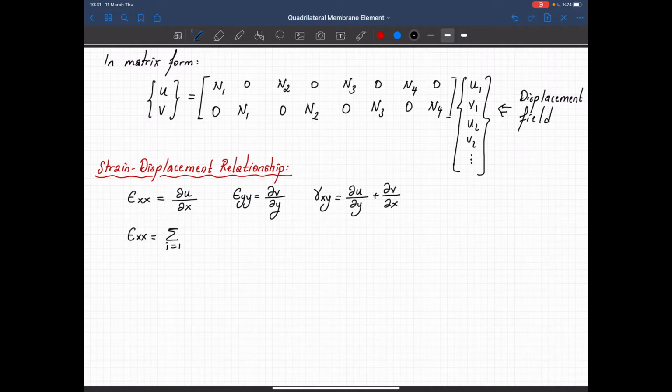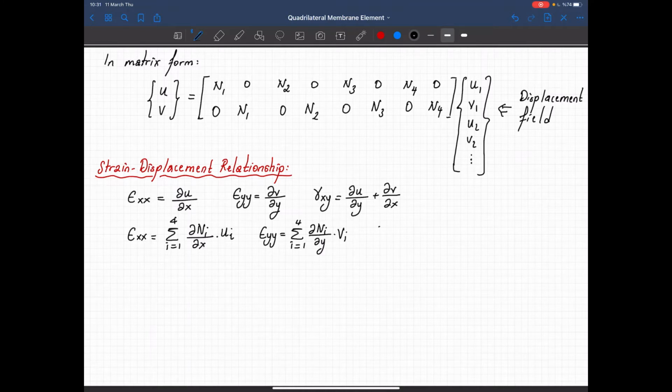Okay, so I can just directly write epsilon xx is equal to the sum for i equal to 1 to 4 of del Ni over del x multiplied with the nodal translation. And for epsilon yy, I can write the following equation: the sum for i equal to 1 to 4 of del Ni over del y multiplied by vi.